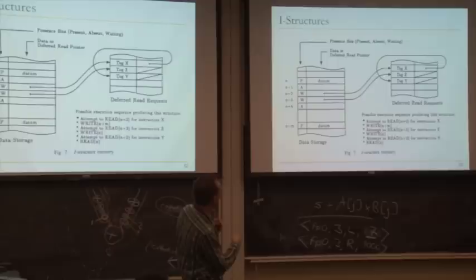You could organize it in different ways, but basically you have a pointer from location m+2 that's currently empty, that has somebody waiting on it, that has a pointer to this deferred request queue, which says instruction x is waiting for this. And let's assume somebody writes to m+2 afterwards, then this bit is set to present or full, and the data is written.